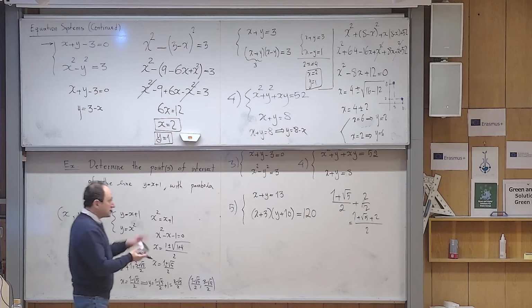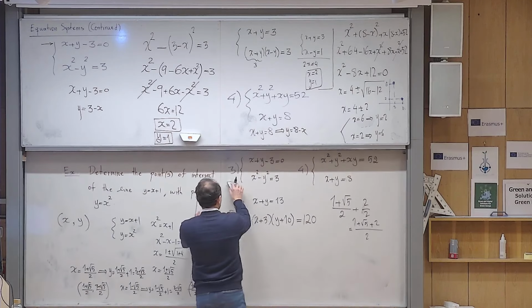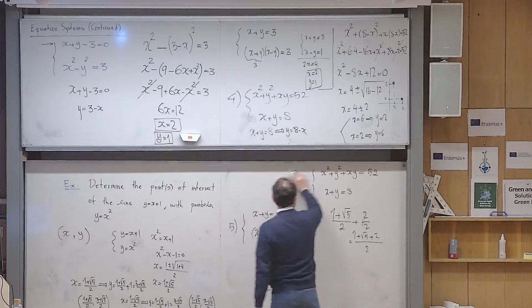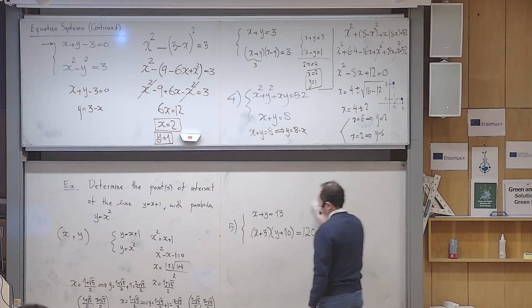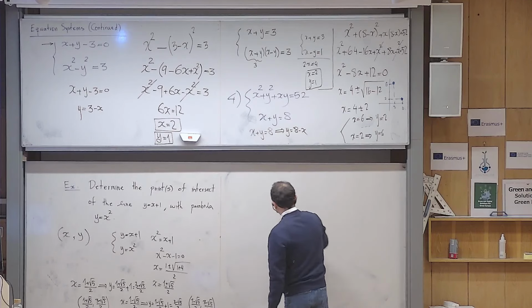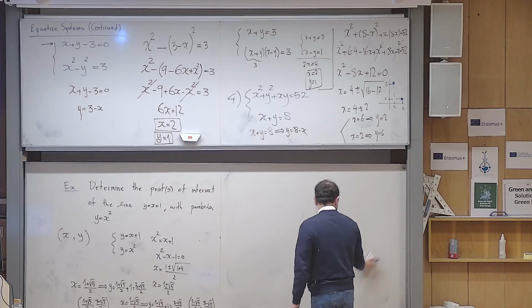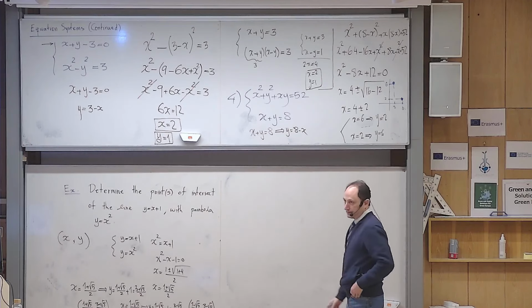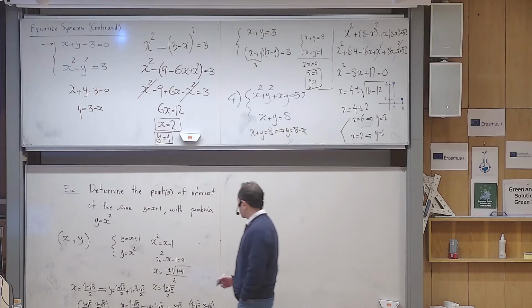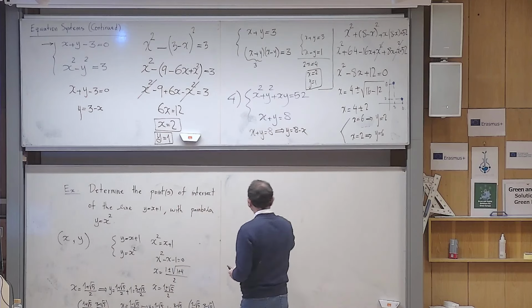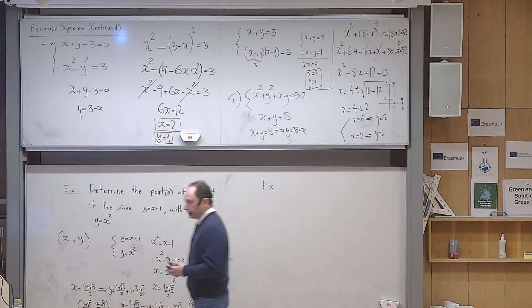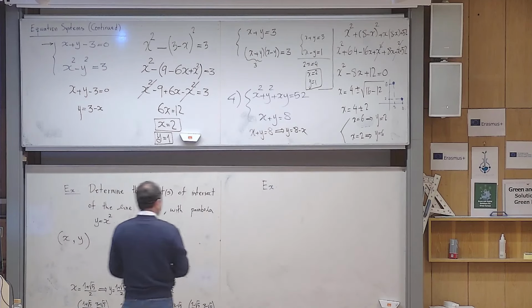My intention is this problem, which I consider a hard problem. Not algebraically hard, but conceptually hard. Okay, my question is this. I give you a parabola. So let me see if I'm recording this. So I give you a parabola.